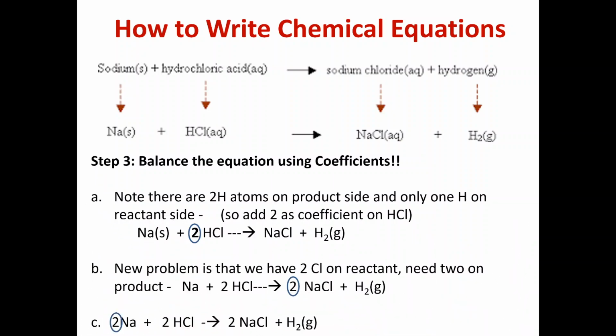Na plus HCl. Na solid plus HCl aqueous. Then we got the arrow, and we got basically NaCl plus H2. Okay, anyway, we're going to balance this one.